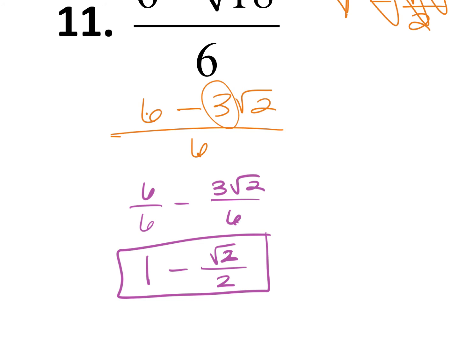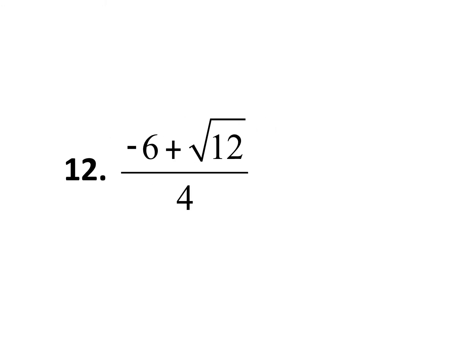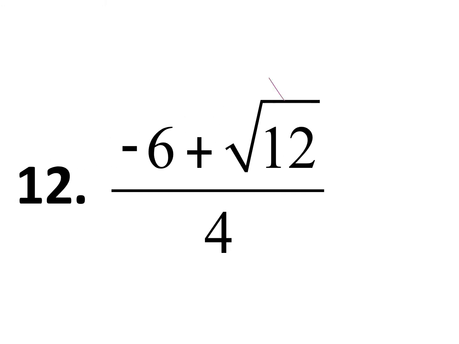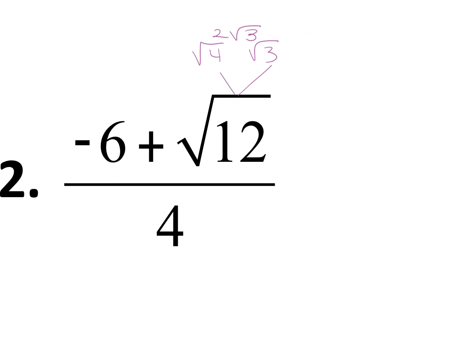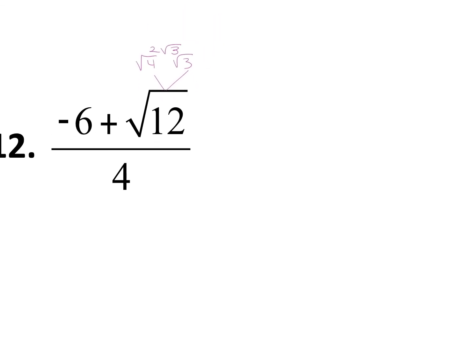Okay. Look at number 12. Very similar. I'm going to do this one fairly quickly since we've done it twice already. This would be the square root of 4 times the square root of 3. Okay. So that's 2 rad 3. So we're going to say negative 6 plus 2 rad 3 over 4.